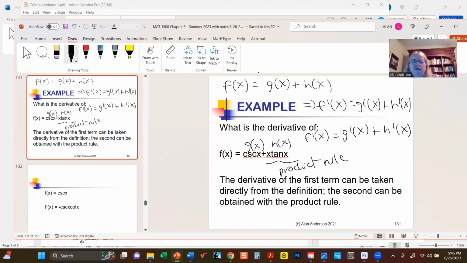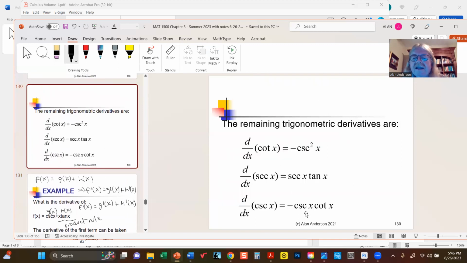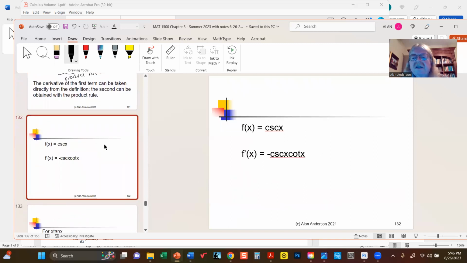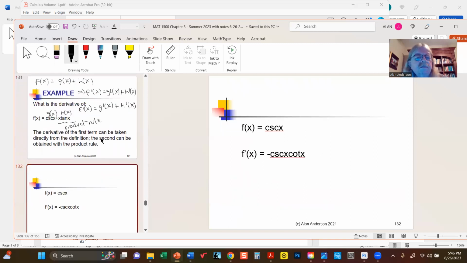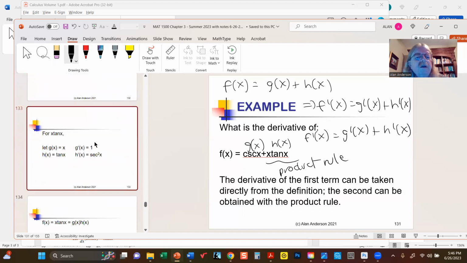So for example, the first one we saw before, the derivative of the cosecant is the negative cosecant times the cotangent. So we got that one out of the way. But this term, x tangent x, we have a product rule.